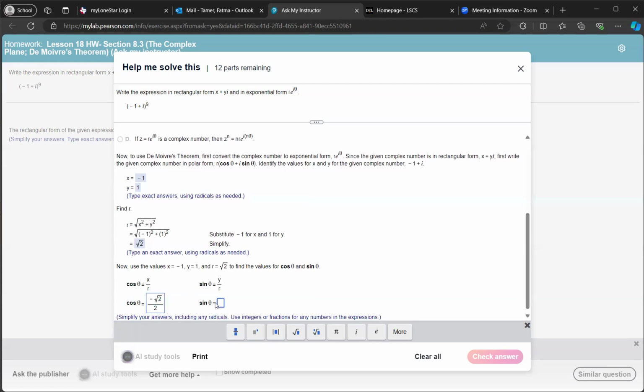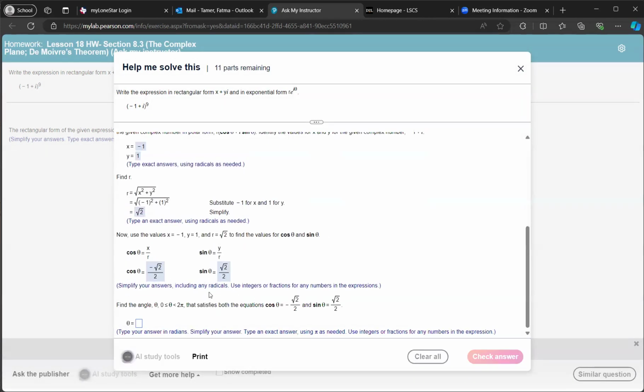And then same thing for sine. The y value is positive 1, and we're going to divide it by root 2. So it's 1 over root 2. But I'm going to rationalize the denominator. So the top will be the square root of 2, and then the bottom will be 2. This will be the sine value, and I will check my answer.